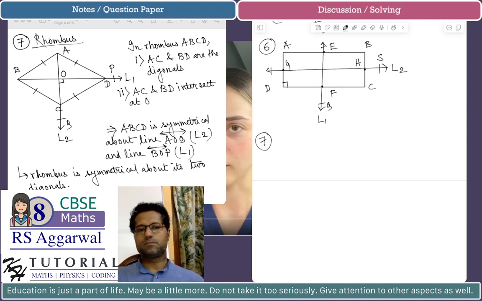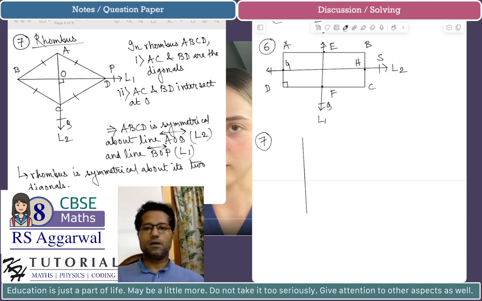let's say this is one diagonal, the diagonals will bisect each other at right angles. So this is a midpoint. If I take another diagonal, let's say one diagonal is BD and the other diagonal is AC.